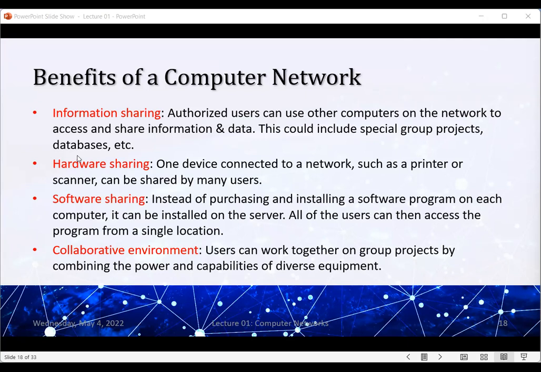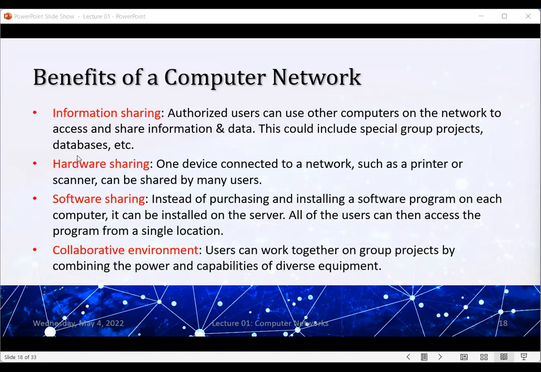That's why we call it hardware sharing. Third one is software sharing. Now, let's say in our department, we have 5 computers and we keep one computer as a server and we can install all the software there.